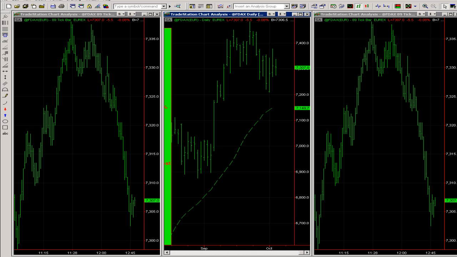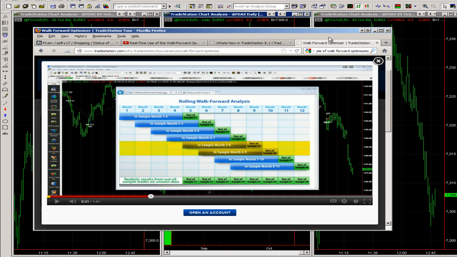And I want to show you a really good graphic I found on the TradeStation website. It shows the walk forward optimization at its best, I think. All right, so I'm just going to bring this over because I really thought this was great.